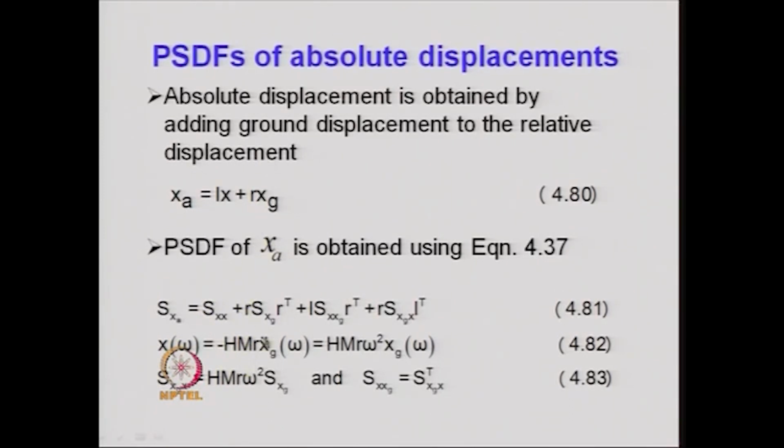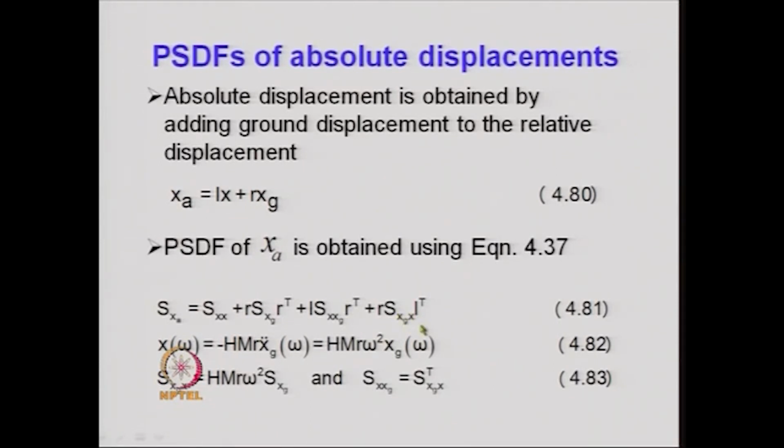This becomes R into Sx double dot G into RT, then Sxxg becomes I Sxg RT, and Sxgx becomes R into Sxgx IT.